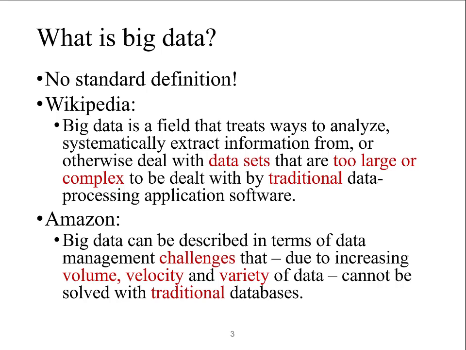Amazon's definition is that big data can be described in terms of data management challenges that, due to increasing volume, velocity, and variety of data, cannot be solved with traditional databases.